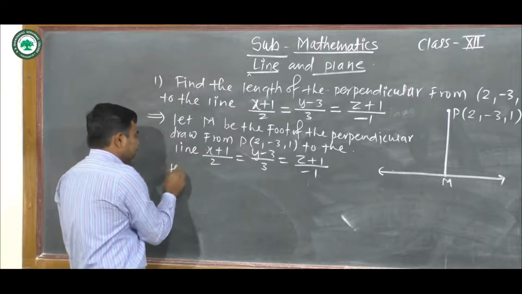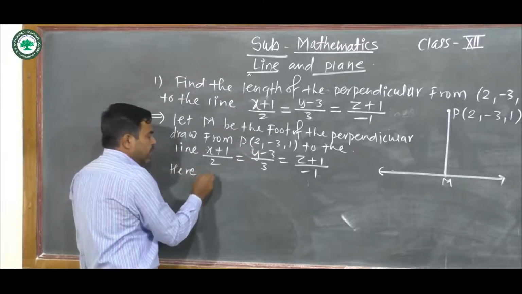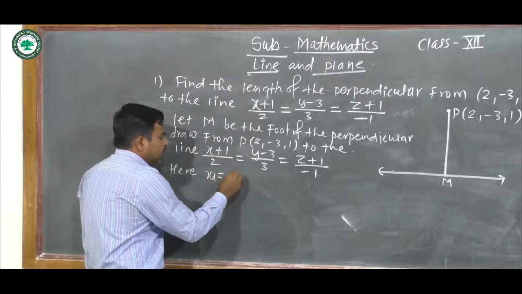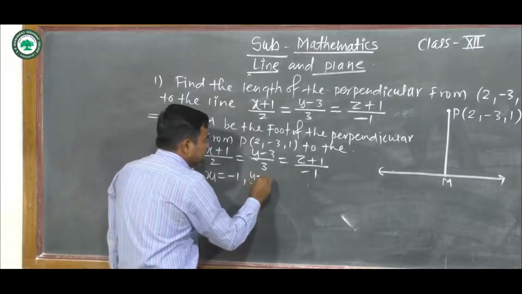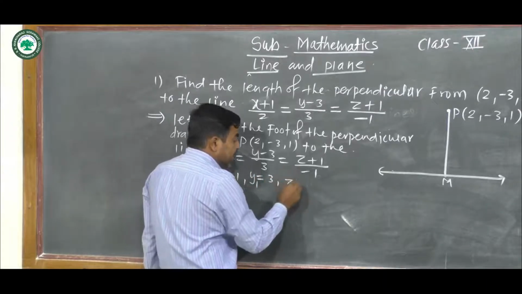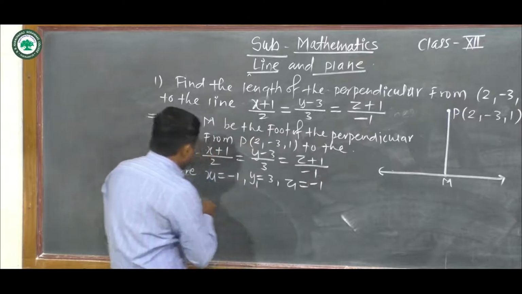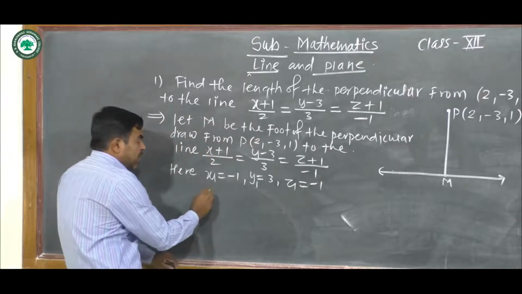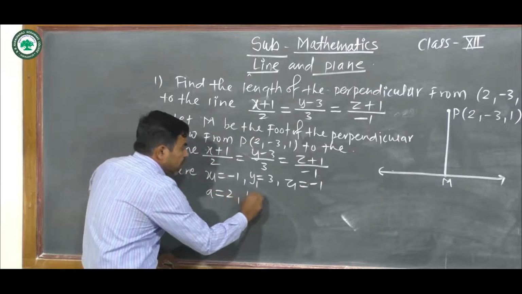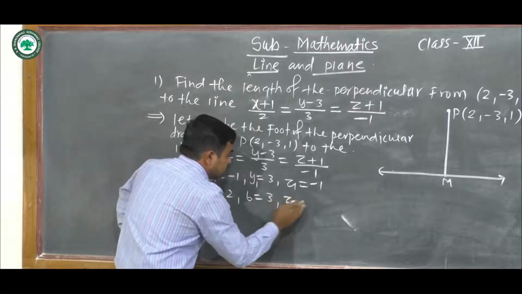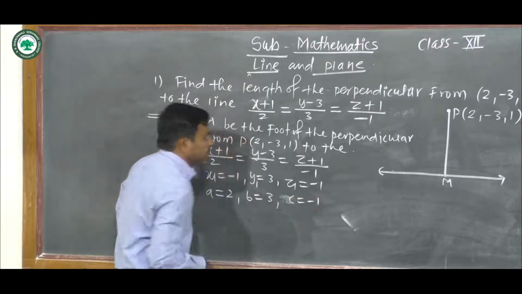Now here your x1 is minus 1, y1 is 3 and z1 is minus 1. The direction ratios a, b, c: a is equal to 2, b is equal to 3 and c is equal to minus 1.